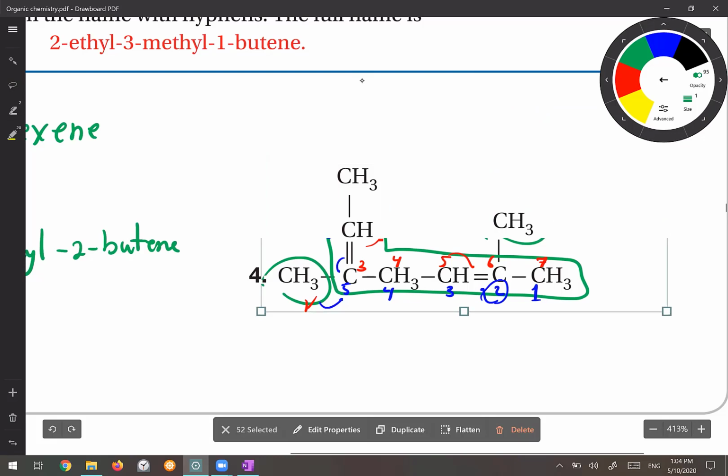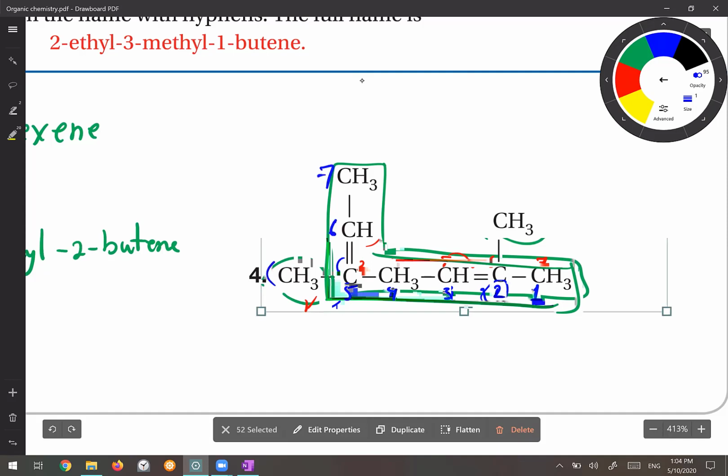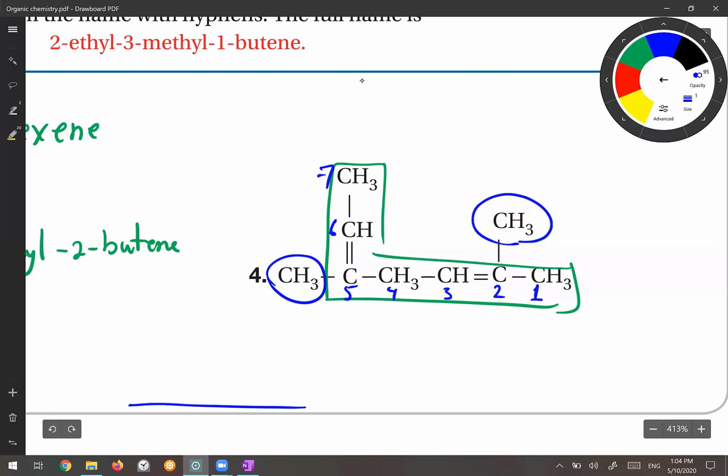So this one is my parent, and this would be carbon number 1, this is carbon number 2, this is carbon number 3, 4, 5, 6, 7. I have 2 methyl branches in the 2nd and 5th position, and I have to mention the branches first. How do I have to mention them?